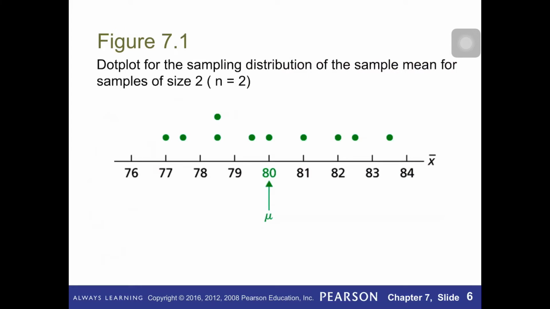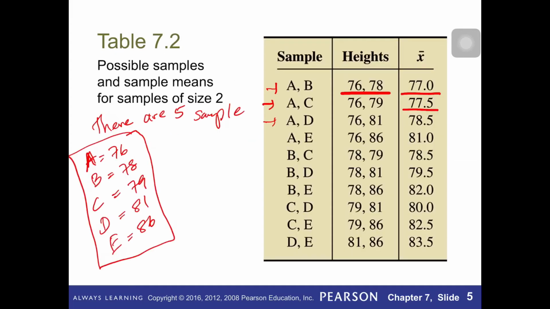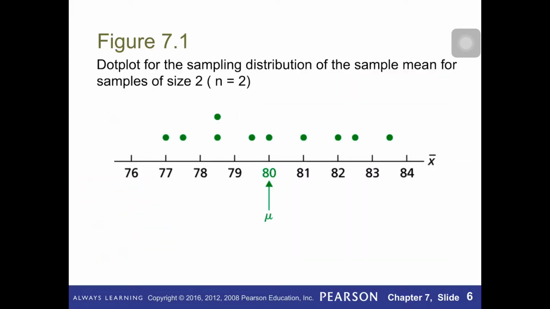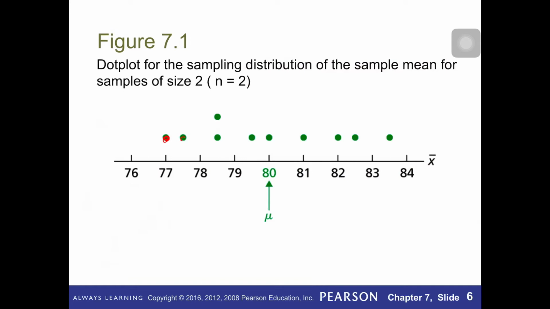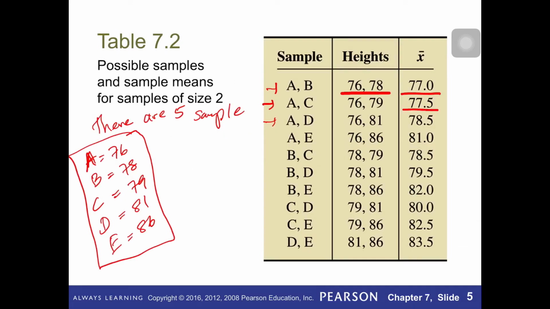If you check these x bar values and use this plot, you will see the values like this. The first value is 77, so let's see where 77 is. See here, 77. The next value is 77.5, somewhere in between 77 and 78. Likewise, you can draw these dot plots. What is this 80? 80 is the actual mean.